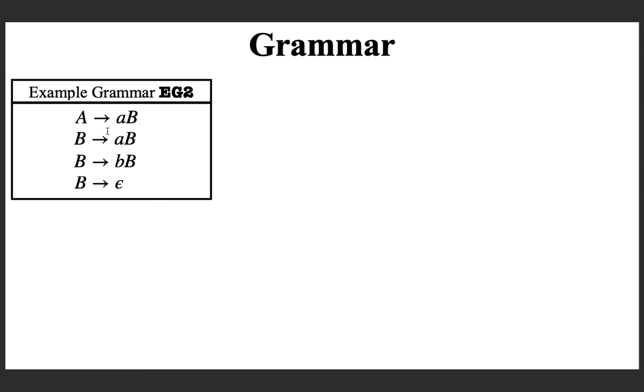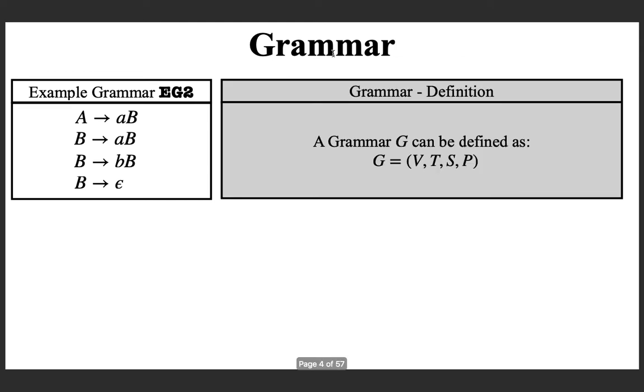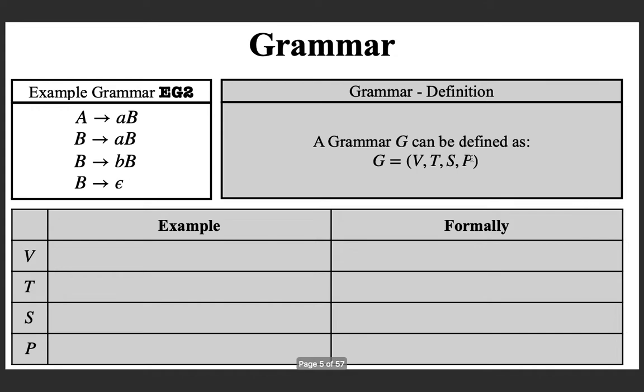We will try to use this example for formally defining what a grammar is. We can define a grammar G as a quadruple V, T, S, P. With this example, we can see what are these components, which will make the definition very clear.